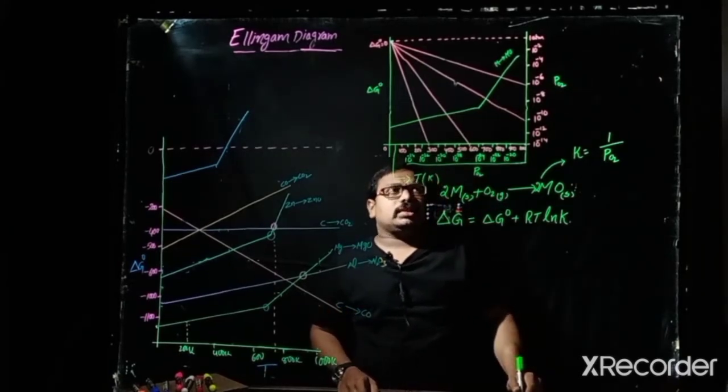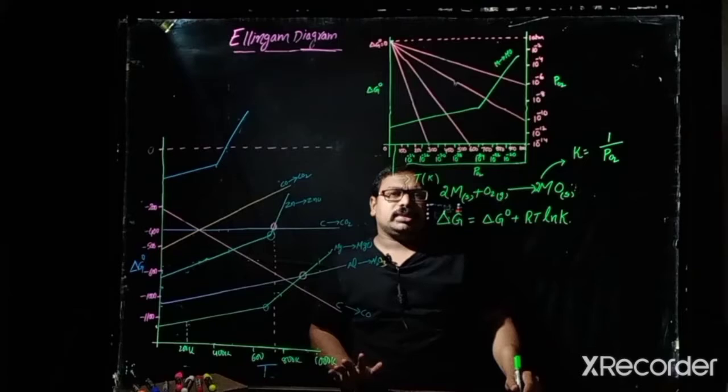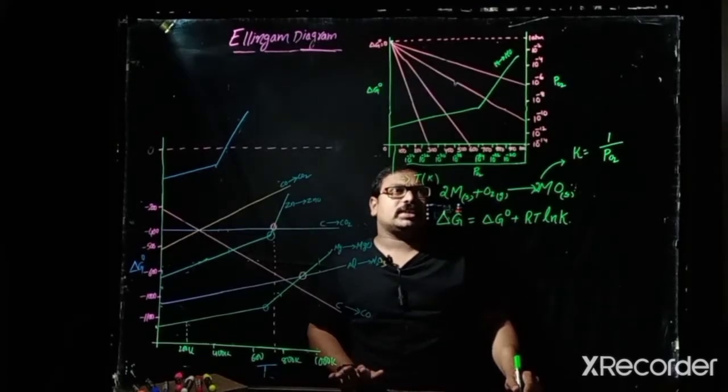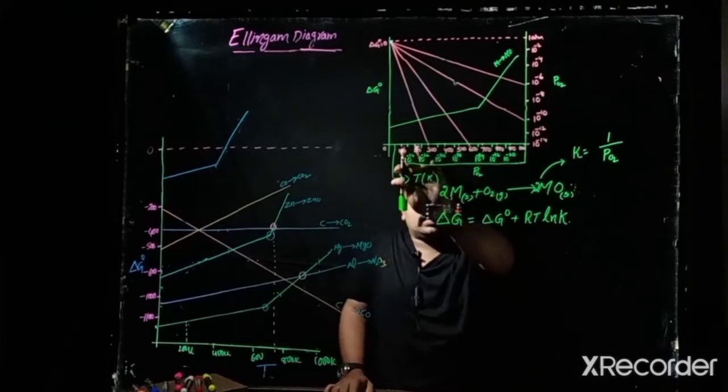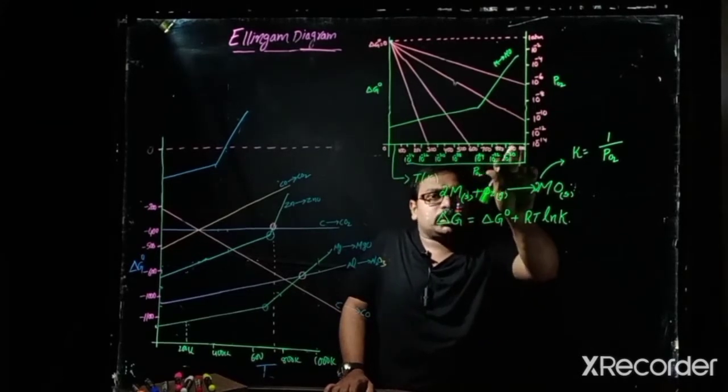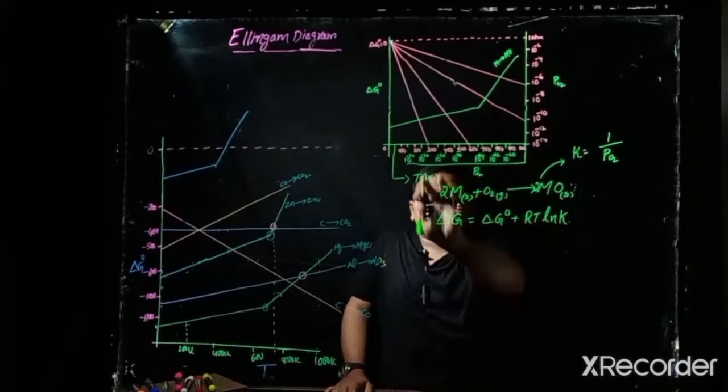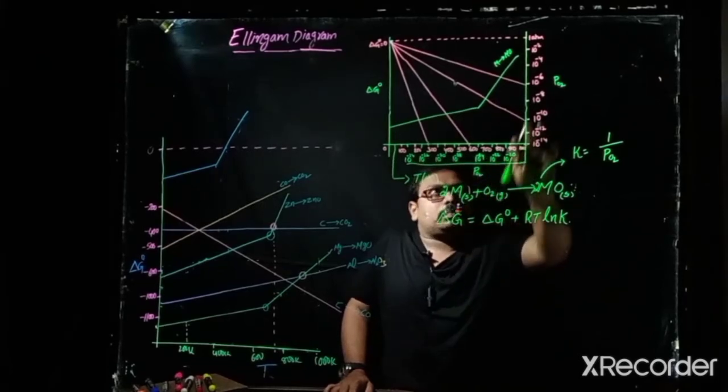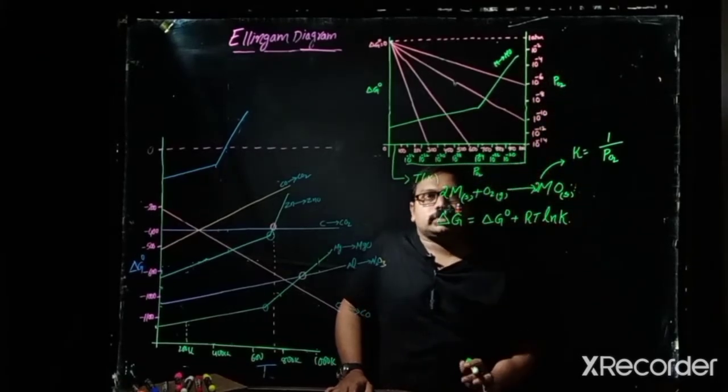If you want to find the equilibrium partial pressure of oxygen at 600 Kelvin, these values correspond to temperature and these values correspond to partial pressure of oxygen.